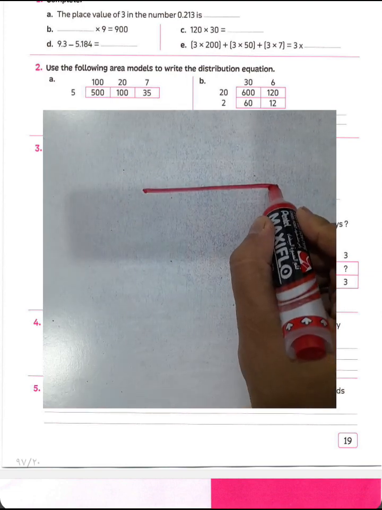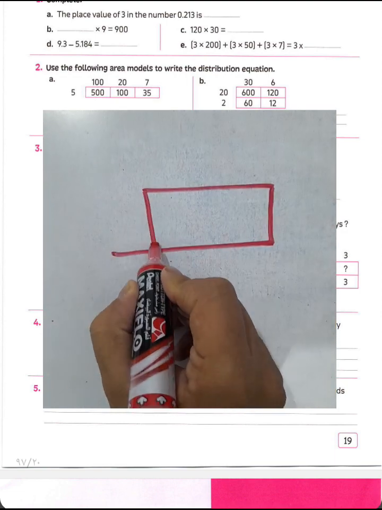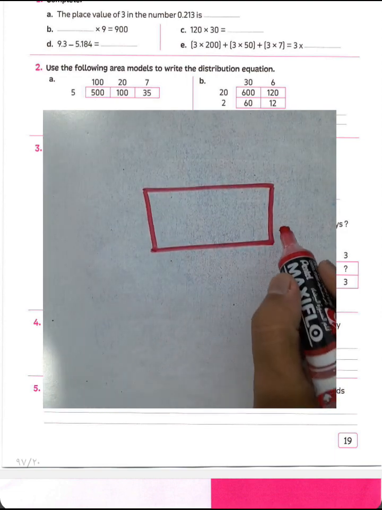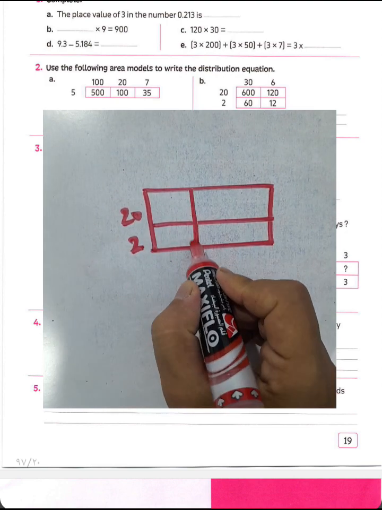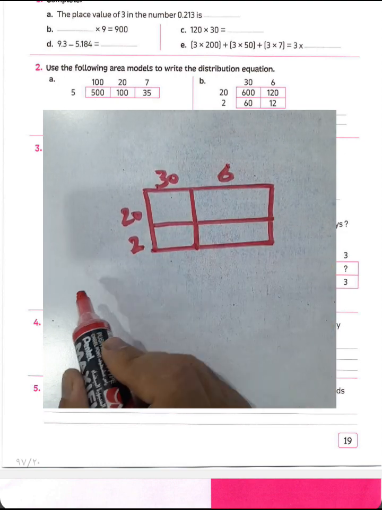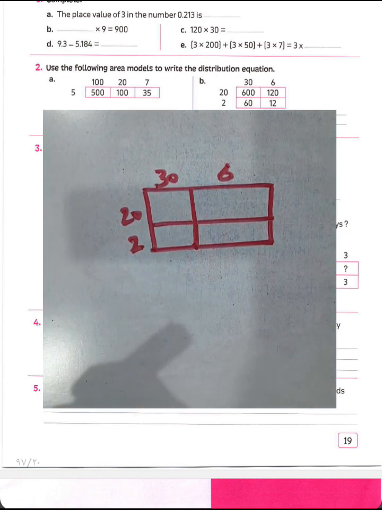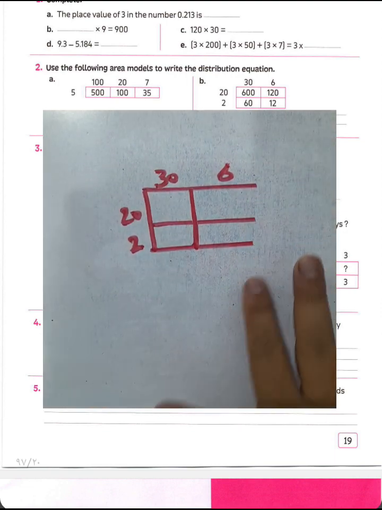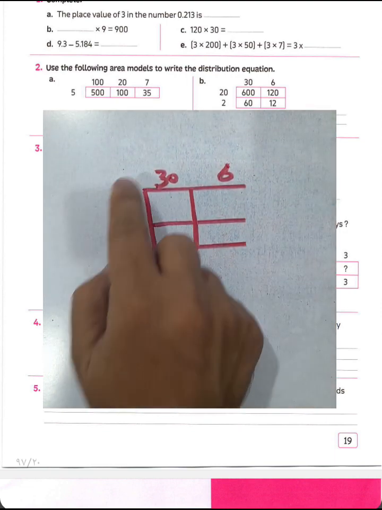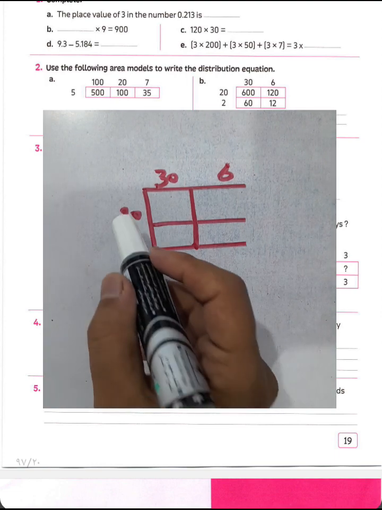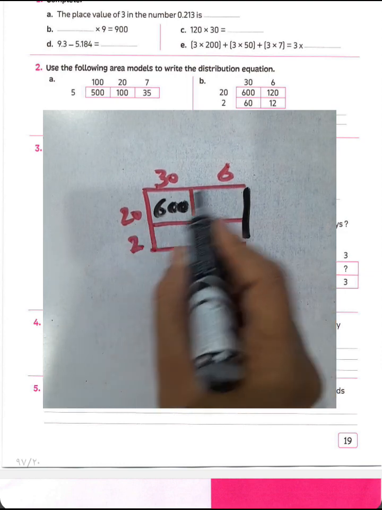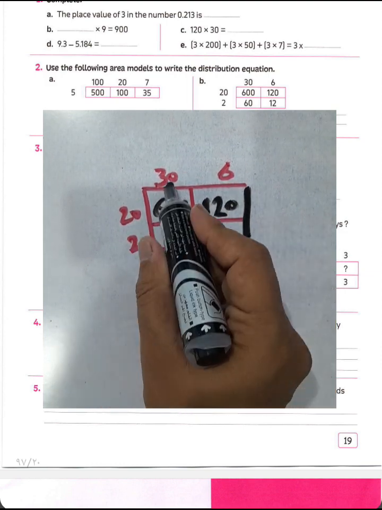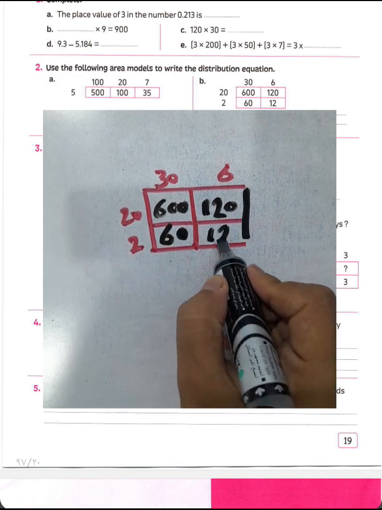We have here a table. Here 22 and here 30 and 6. He gives us the results in the table. 20 times 30 equals 600, 20 times 6 equals 120, 2 times 30 equals 60, 2 times 6 equals 12.